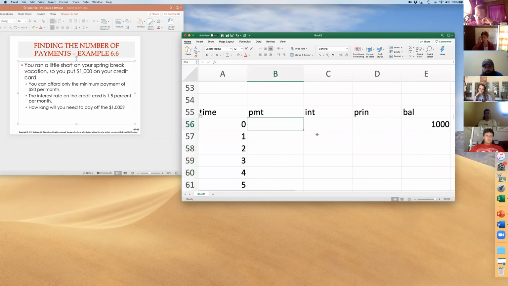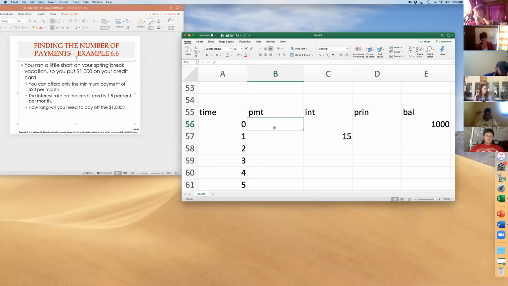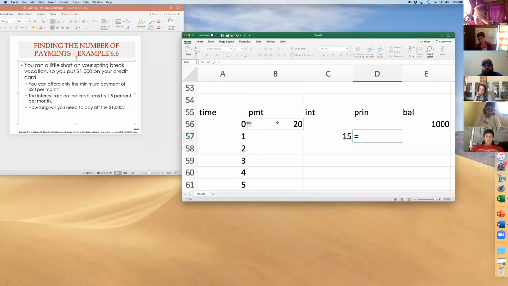Okay, so when I do an amortization table here, how much interest do I owe after that first month? It's going to be 1.5% of my balance. All right, so my balance is $1,000. $15 is how much I owe just in interest. So if I'm making a payment of $20 a month, that leaves me, this first month, only paying off $5 in principal, right?